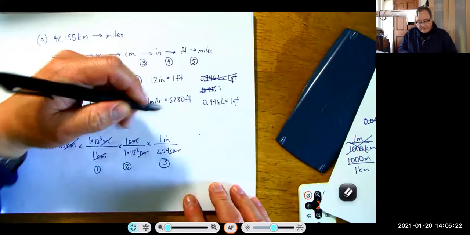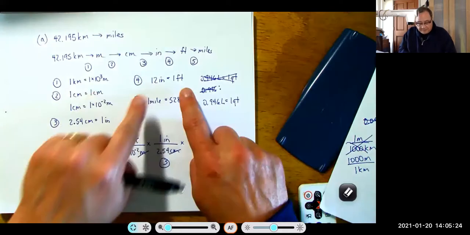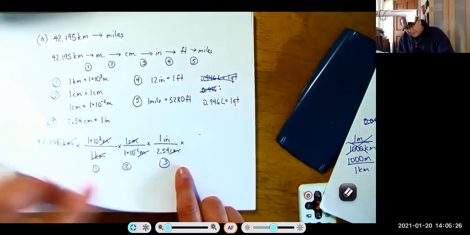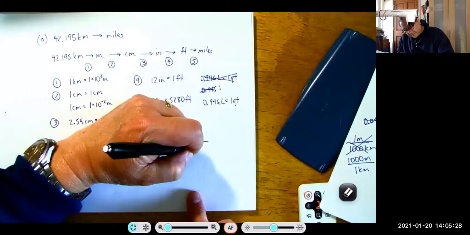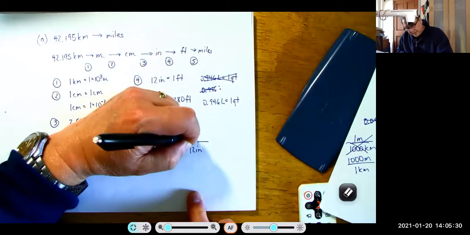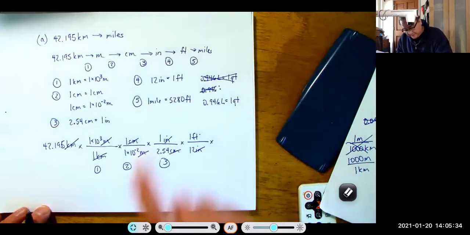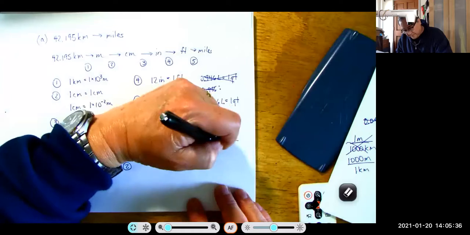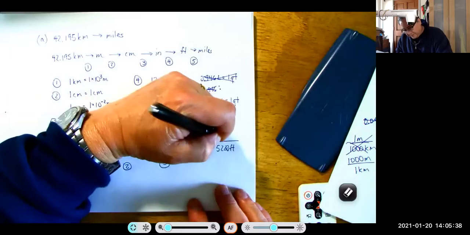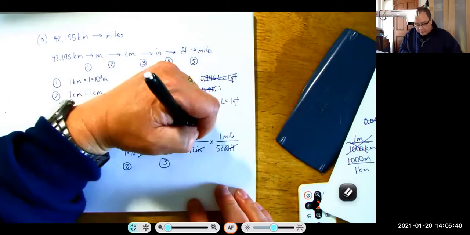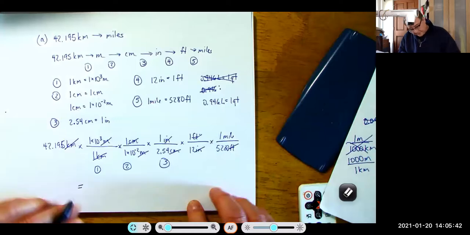And then, which am I going to put on the bottom? 12 inches. And then which am I going to put on the bottom? 5,280 feet. And we're finally left with miles.